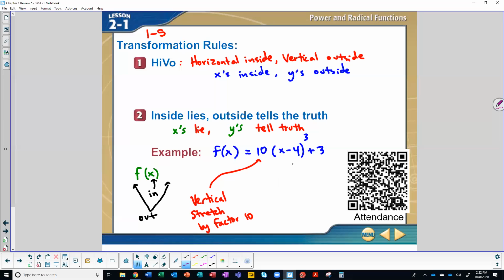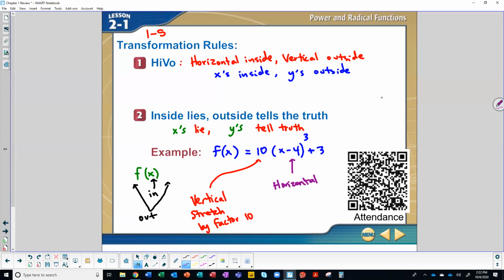Now the next piece is this -4. Now that -4, is that on the inside or the outside? That's inside. So if it's inside, guess what it is? Horizontal. So that's what HIVO stands for. Horizontal inside, vertical is outside. So this is inside, and inside always lies.